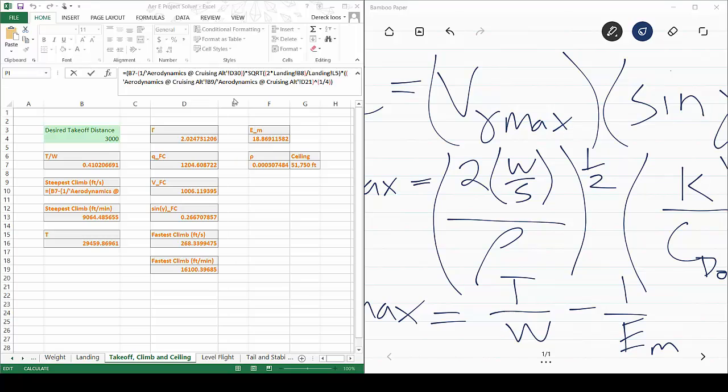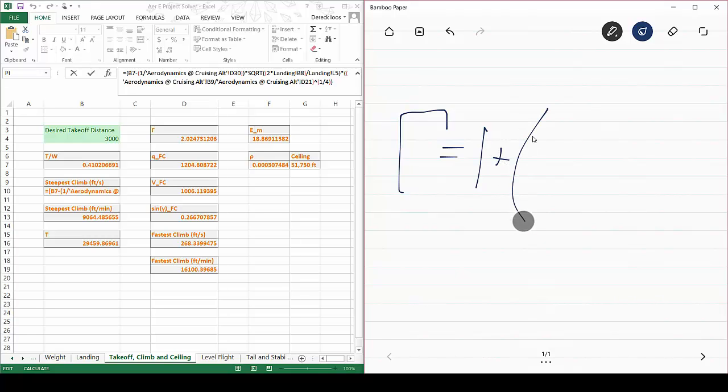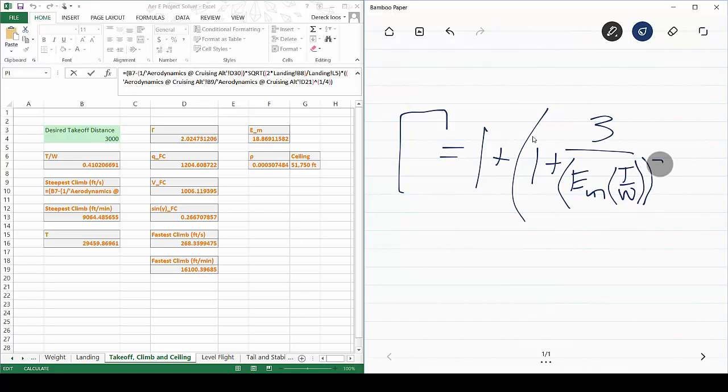Now for the fastest climb calculation, I did split it up into multiple steps because there's a little bit more involved in this calculation. First, I solved for my variable gamma, which is one of the more important parts of this. And as you can see here, gamma is designated in my workbook. The equation for gamma is equal to 1 plus the square root of 1 plus 3 divided by EM times T over W, and that whole thing is squared, and this is to the 1/2.